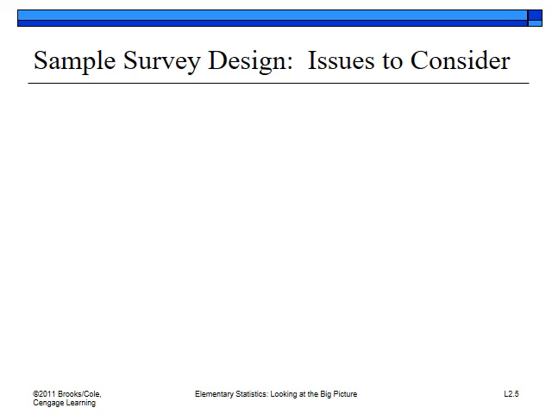Let's talk about some of those issues involved in designing a sample survey. One thing that the researcher must consider is whether to include open or closed questions.